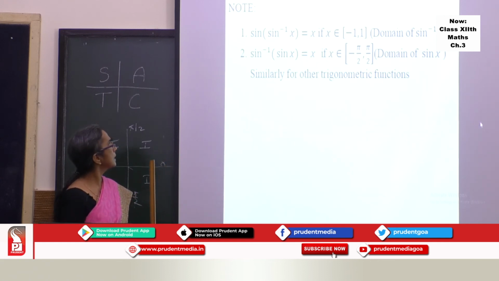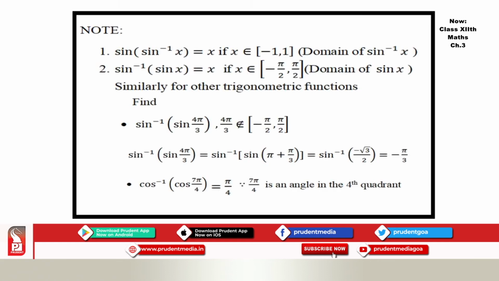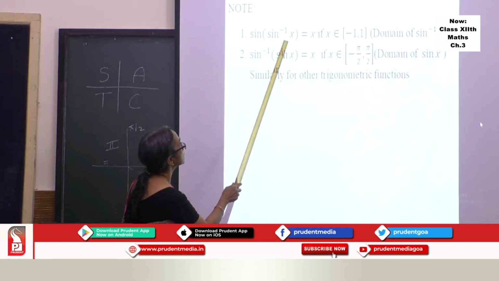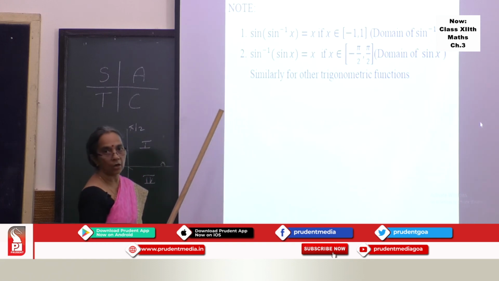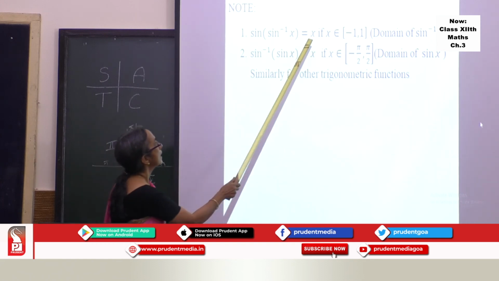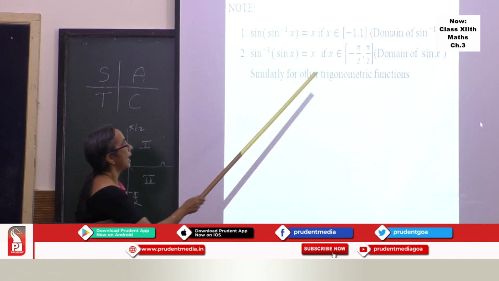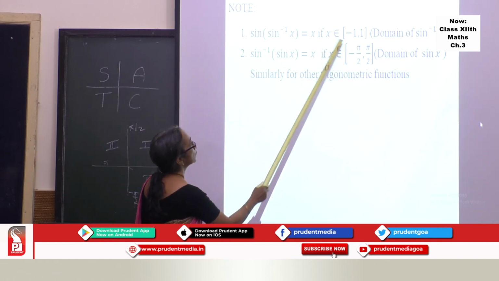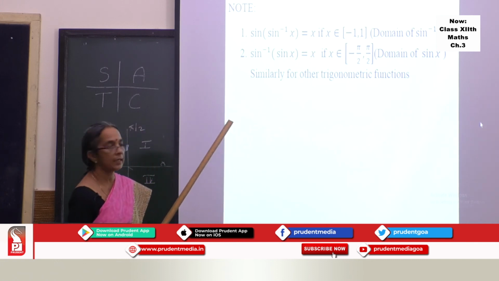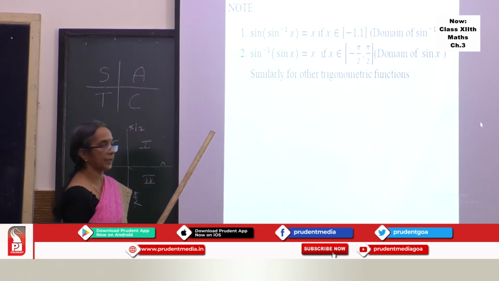Now let us go through some properties of inverse functions. Sine of sine inverse of x is equal to x if x belongs to the closed interval minus 1 to 1.